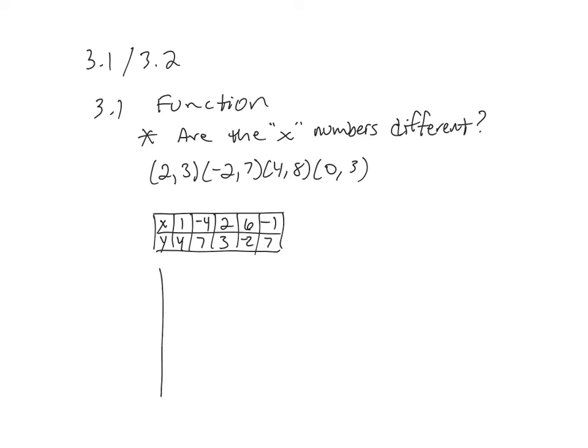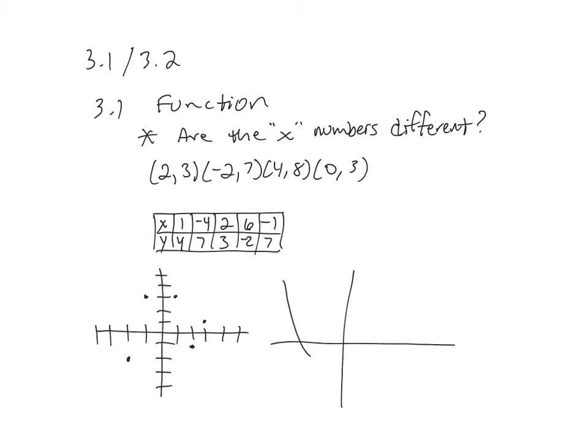Could be on a graph. But a graph could also be a continuous graph. Okay, so in all of these, are the x numbers different?